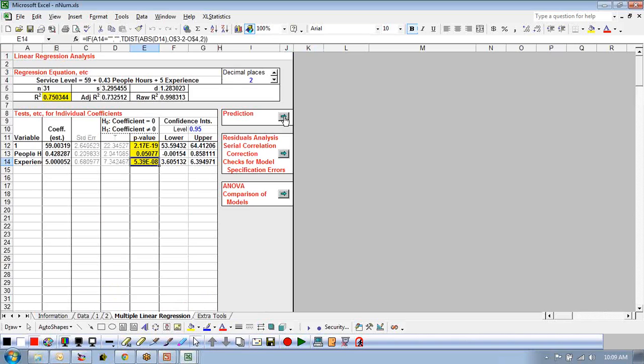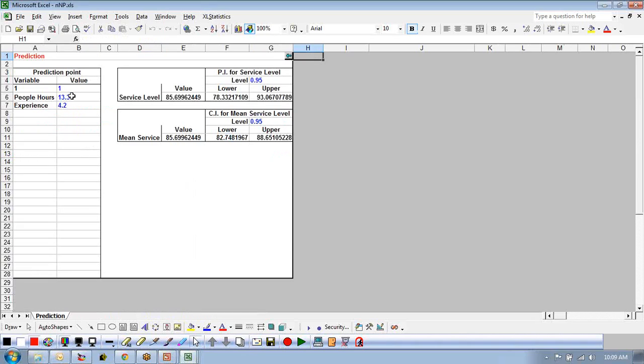So, for example, what if we wanted to predict the service level if we wanted to put in 15 people hours into this process instead of say 13, and the experience level of this was 2.5 of those hours that we were putting in? What would be our prediction? Let me lower the significant digits here so we can actually read it.